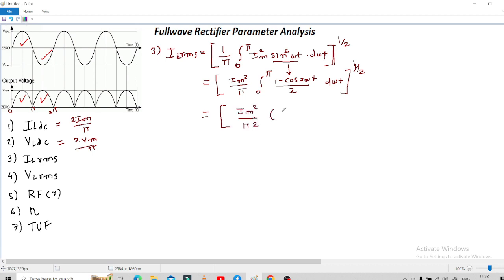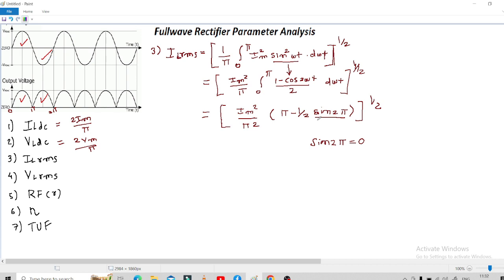After solving this, it is pi minus 1 by 2 sine of 2 pi, raised to half. We know sine of 2 pi is equal to 0, so this becomes 0 over here.